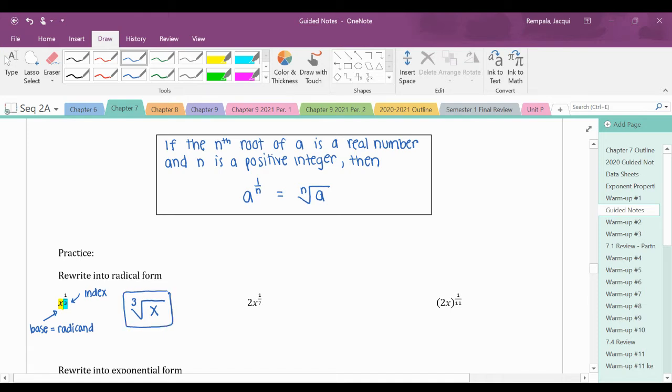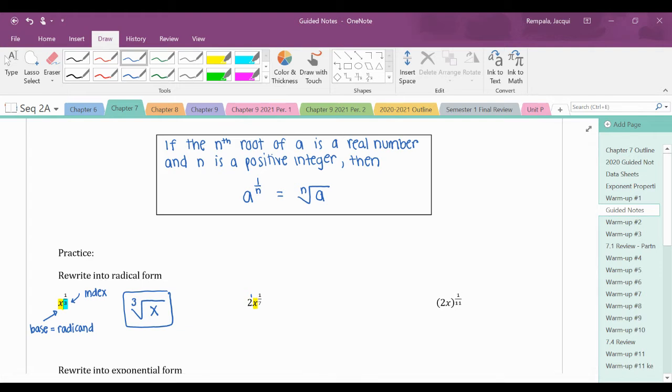If I take a look at the next one, we have 2x to the 1/7 power. Notice that in this problem, x is the original base to the exponent. 2, if you think about it, has an exponent of a 1. It does not have the exponent of a 7th.